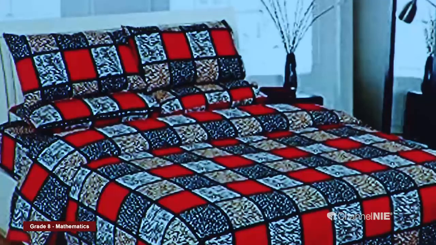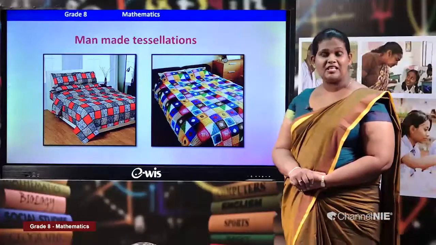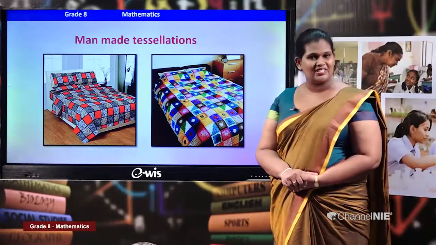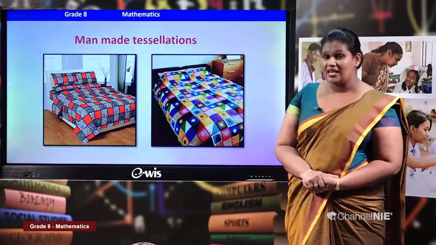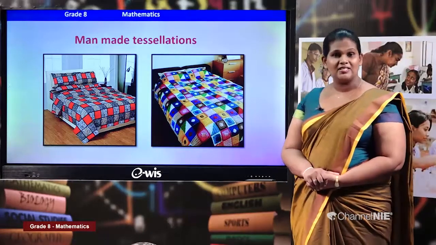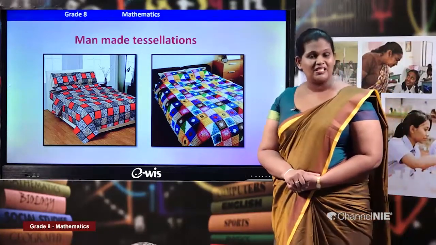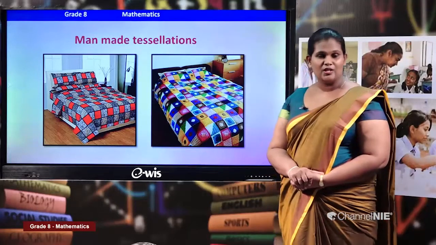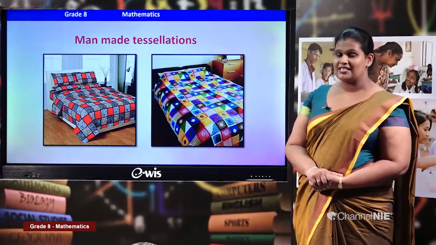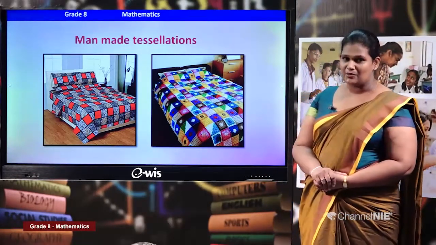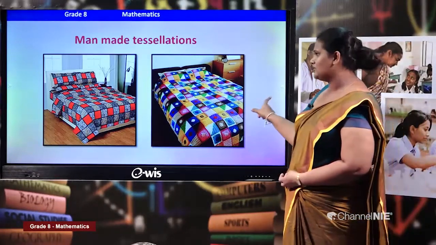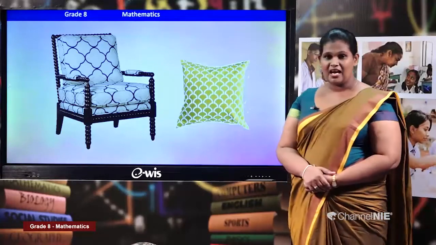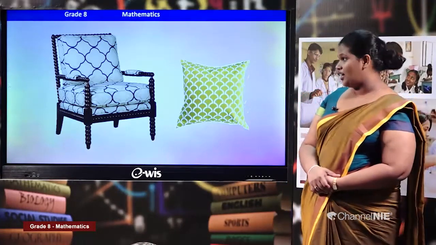Isn't that so? So, now can you remember the tessellations you have created in grade 7? Your teacher might have asked you to make beautiful wall hangings as an activity in grade 7, isn't that so? So, you also may have created beautiful tessellations in grade 7. So, we will move on to some more tessellations. Here, I have got a chair.